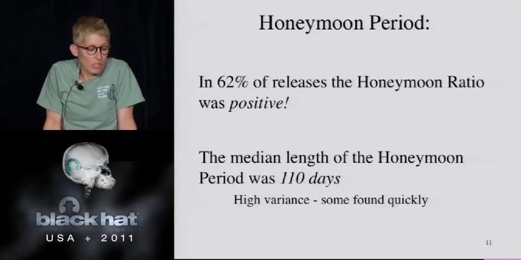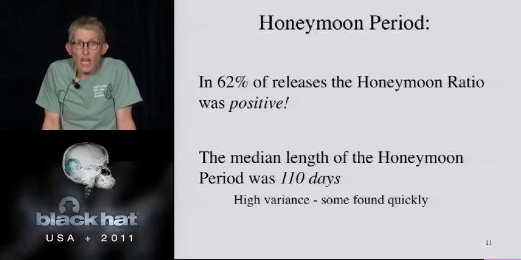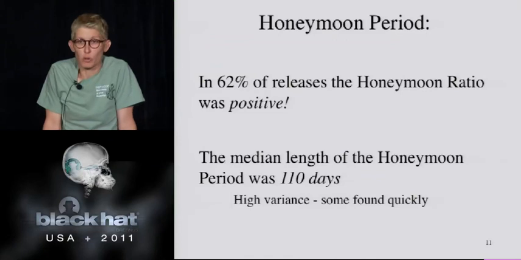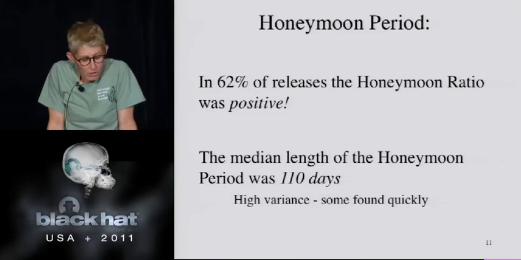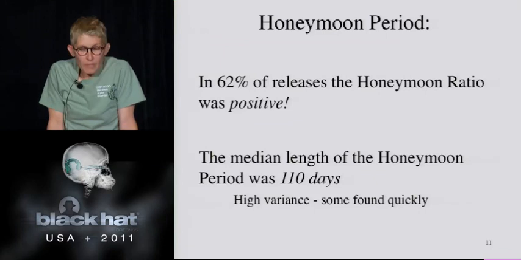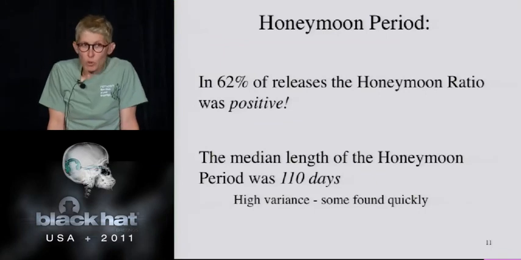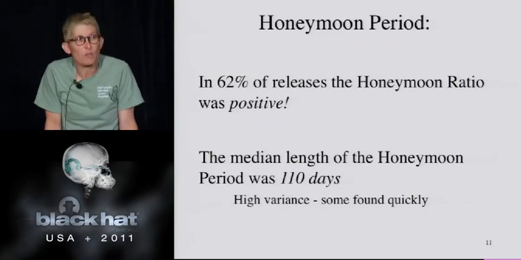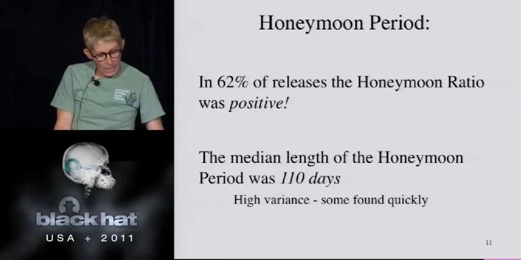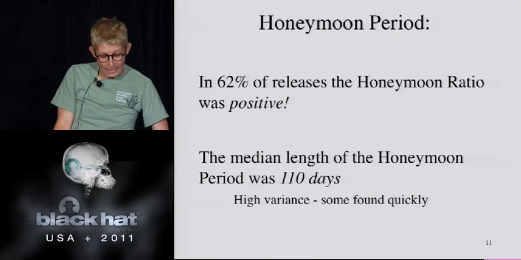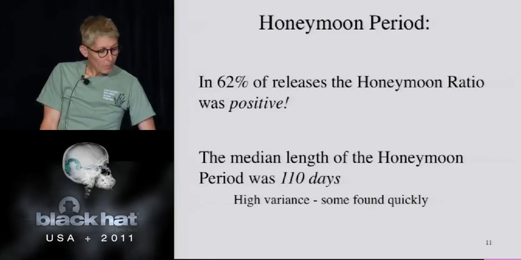62% of the releases we looked at had a positive honeymoon. That means the time to the first vulnerability was longer than the time to the second vulnerability. And even more important, the length of that time was rather long. The median number of days before the first vulnerability was discovered was 110. So they take a while to find. And even more, this is at the beginning.